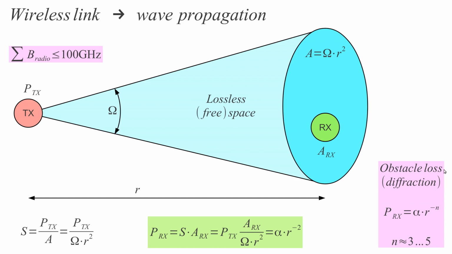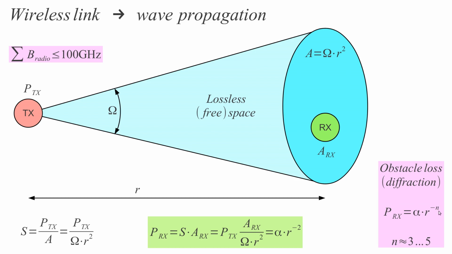Usually diffraction is the mechanism to still transfer some power from the transmitter to the receiver if we have an obstacle in between. On the edges of this obstacle we have wave diffraction. And the power we receive in the receiver is inversely proportional to some higher power of the distance.